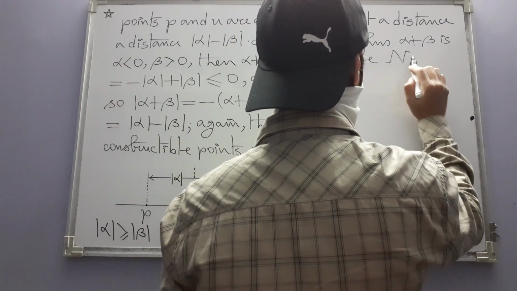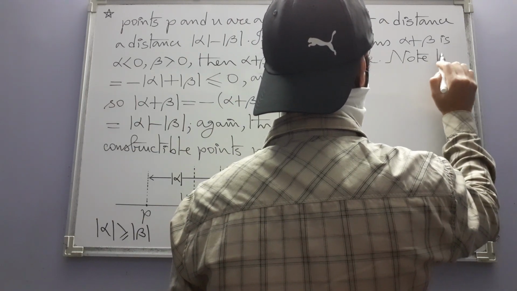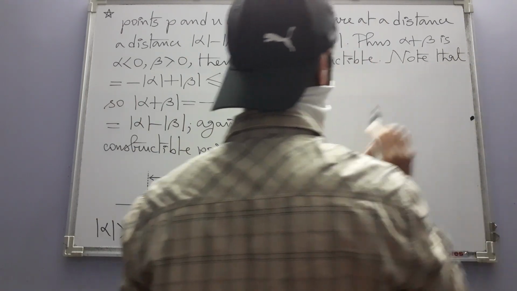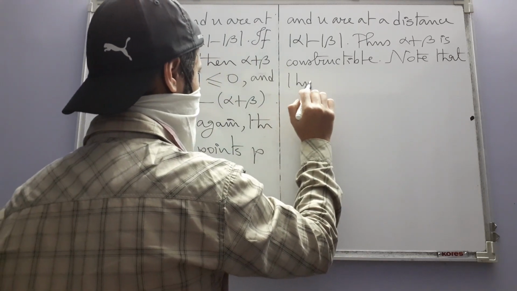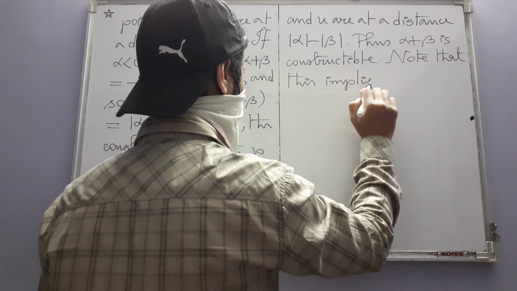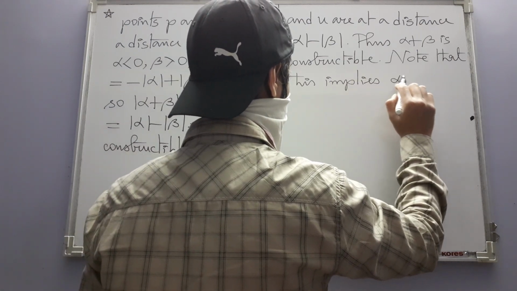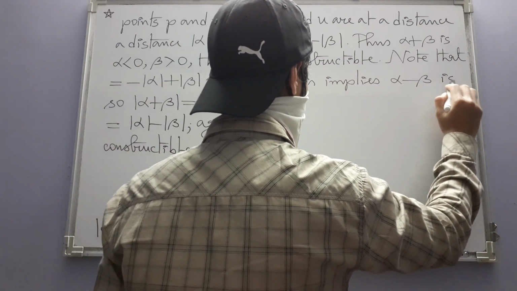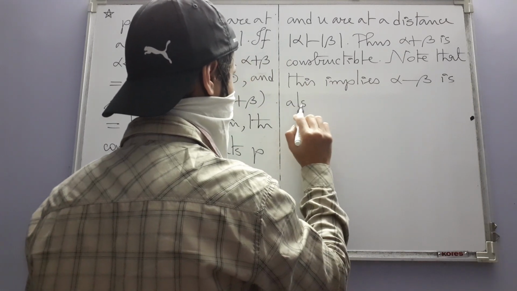Note that this implies alpha minus beta is also constructible.